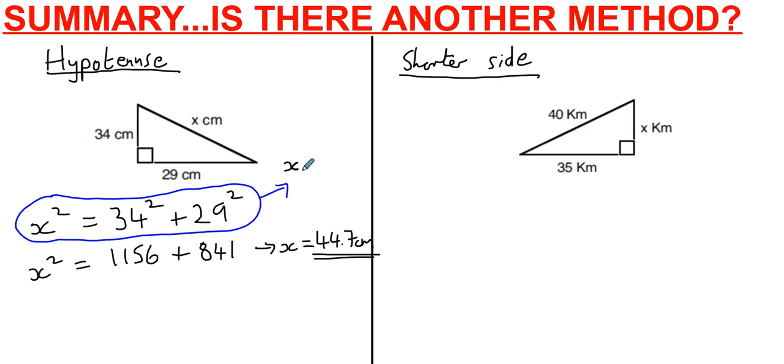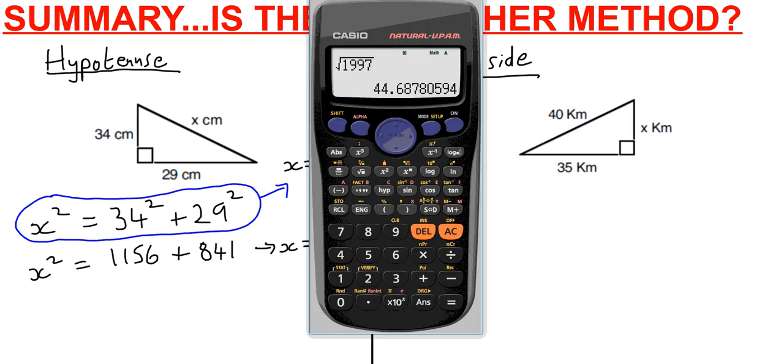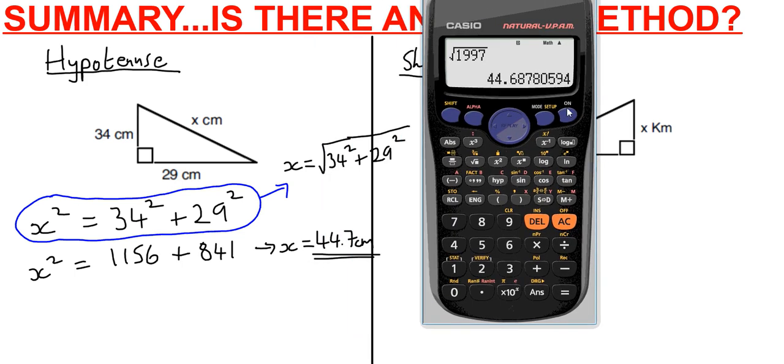Could we have maybe done x just equals the square root of 34 squared plus 29 squared? Well, let's see what happens if we were to do that. So tick symbol, short side squared plus short side squared. We actually get the same answer. And that's a lot quicker.